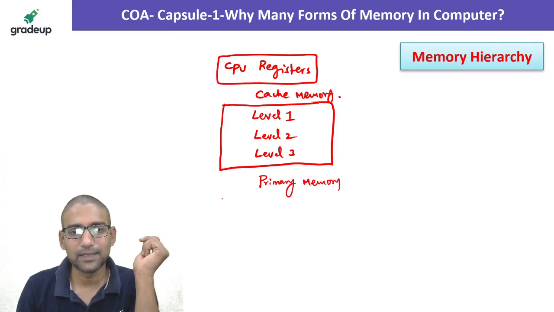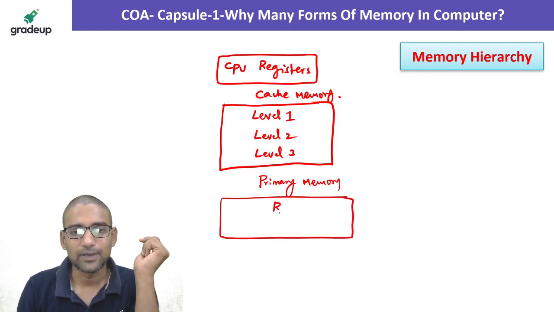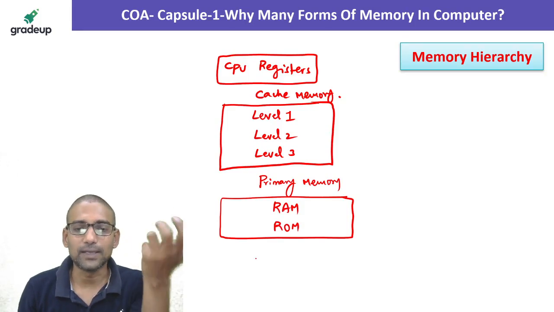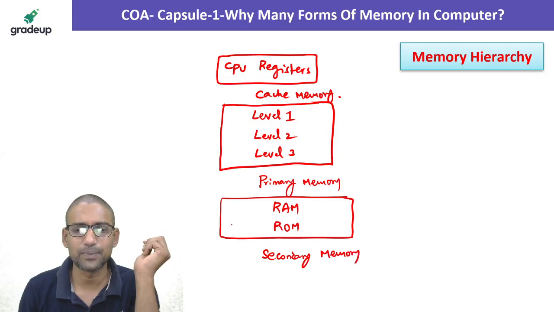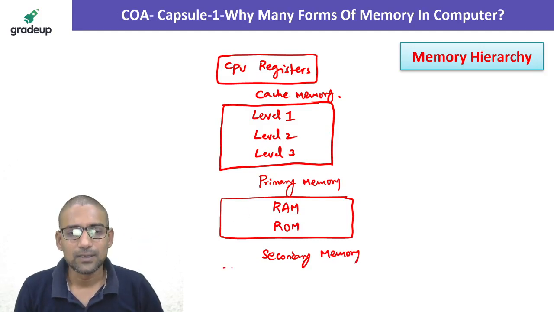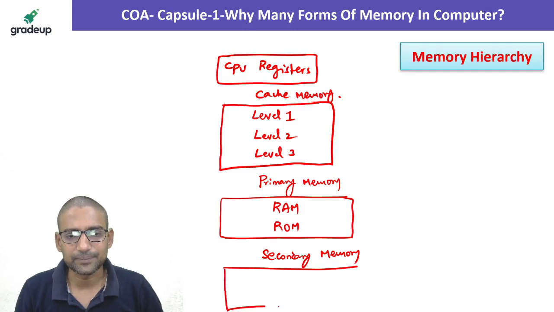What's there in main memory? What are different forms of main memory? We have RAM and ROM. Then comes secondary memory. Flash memory we are keeping apart because it's out of our scope, our syllabus. Secondary memory: we have disks and tapes.